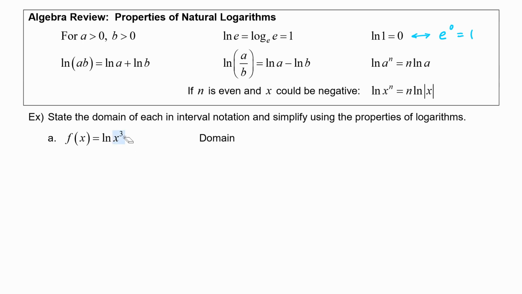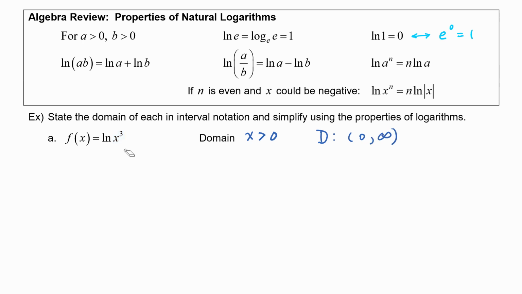Now remember, when you're cubing, then the sign stays the same. If you have a positive and you cube it, it's positive. If you have a negative and you cube it, it's negative. So then the domain of this is that x must be greater than 0. So if we write that in interval notation, the domain is going to be 0 to infinity.